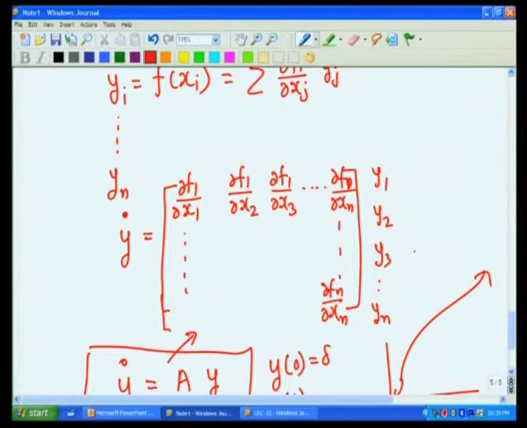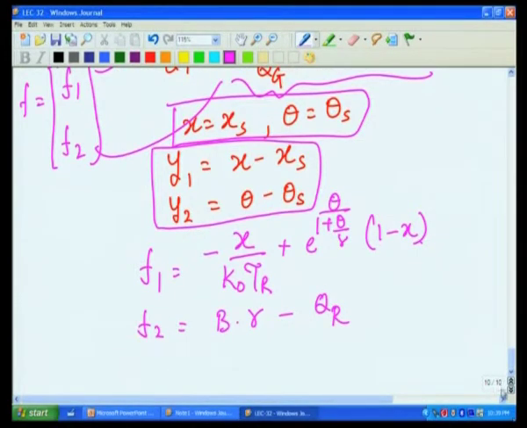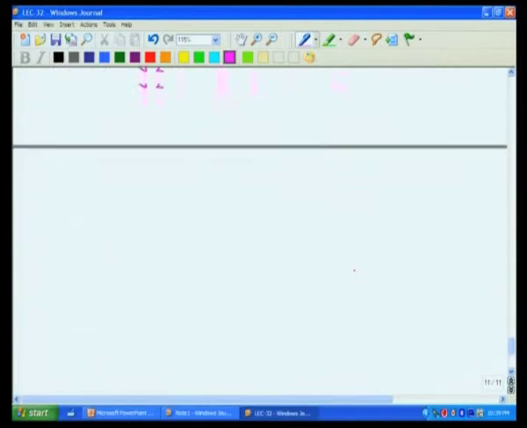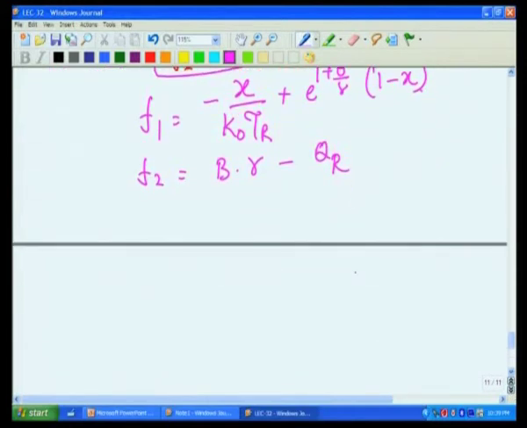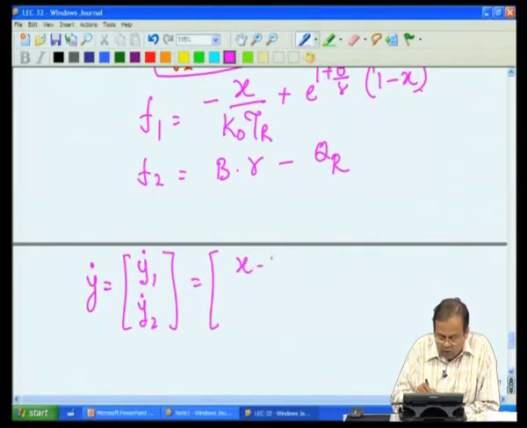my y dot, which is A of y, this is the equation that I am looking for, can now be written in the following manner. Remember, our y dot, which is y 1 dot and y 2 dot, which is equal to, in real terms, the dimensionless concentration and dimensionless temperature deviation from the steady state value.